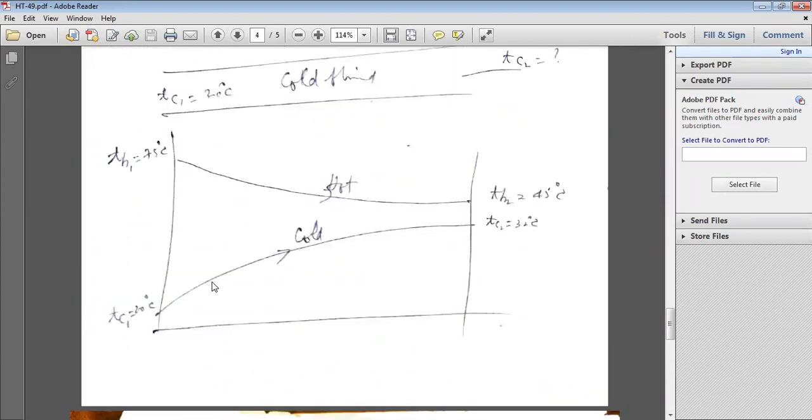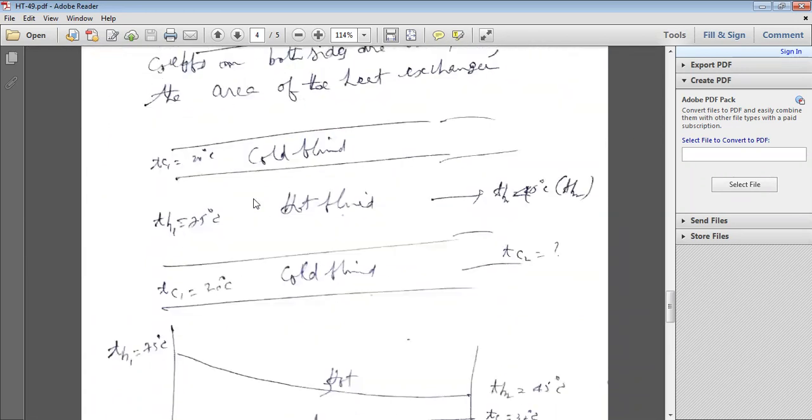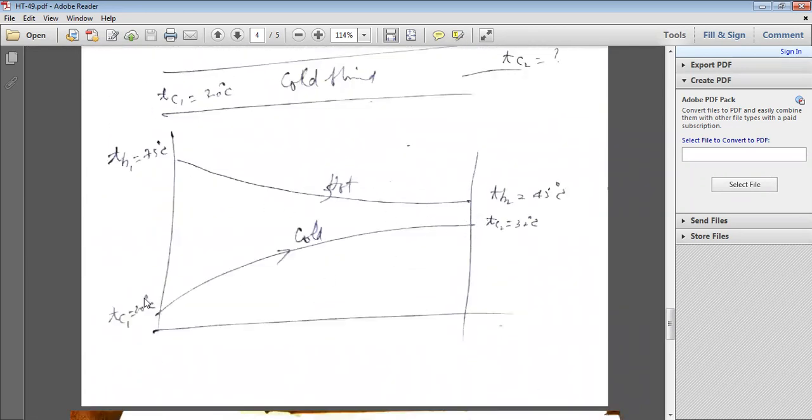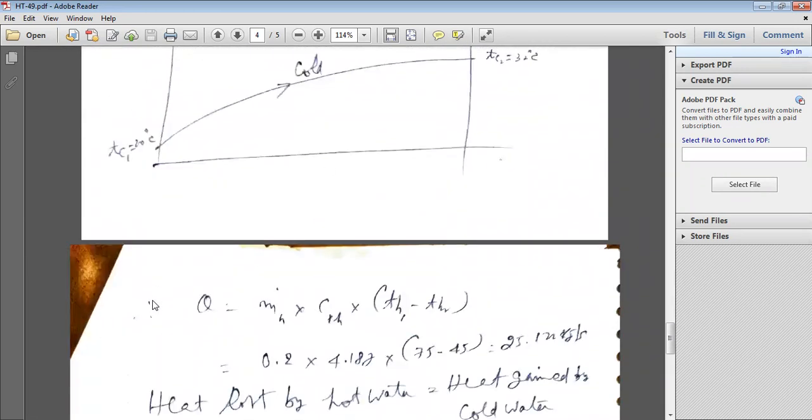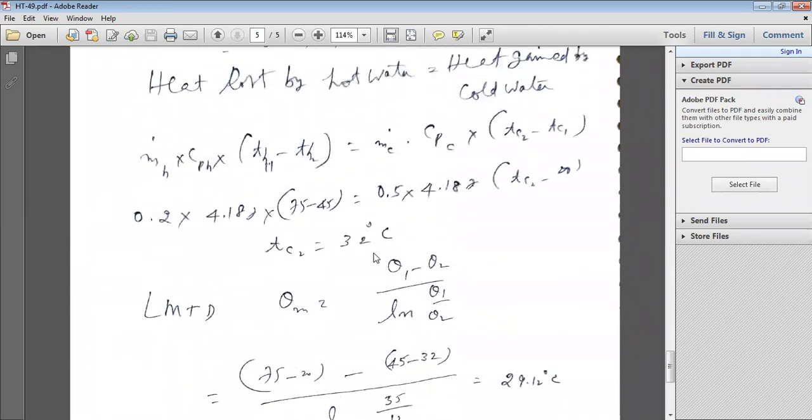That's why it is a parallel flow arrangement. Already given in the problem, running through parallel flow. That's why obviously here Tc2 is greater than Tc1. After verification, you'll know that Tc2 is greater than Tc1, which is why it is a parallel flow arrangement.